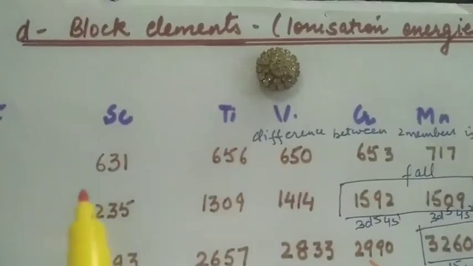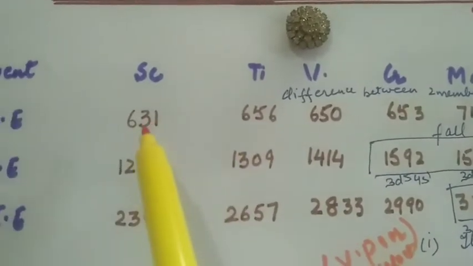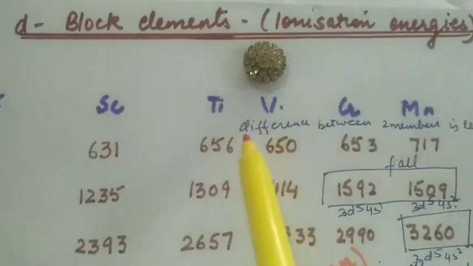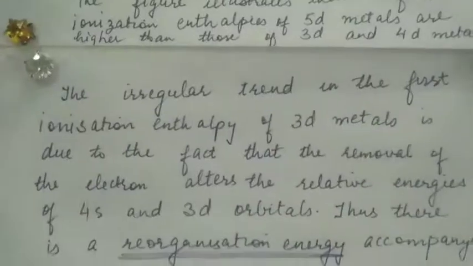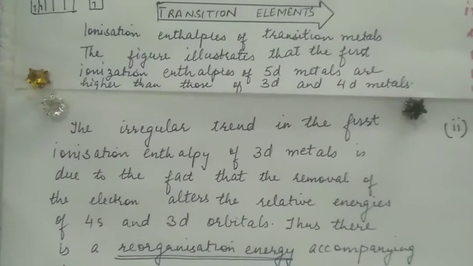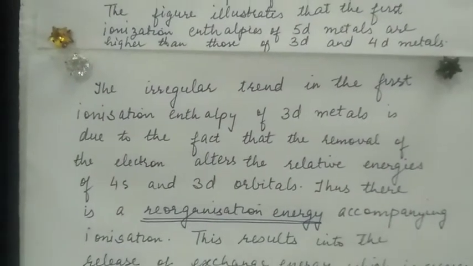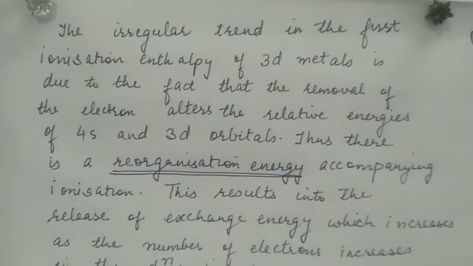Titanium has first ionization enthalpy value higher than that of scandium, but this value decreases when it comes to vanadium. Now the irregular trend in the first ionization enthalpy of 3d metals is due to the fact that removal of electron alters the relative energy of 4s and 3d orbitals.